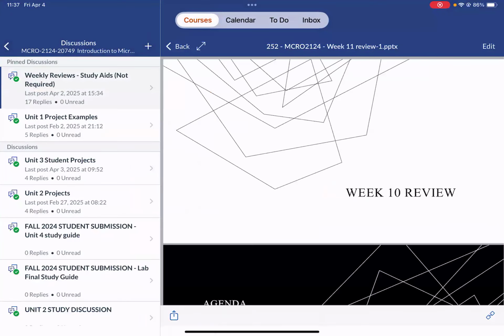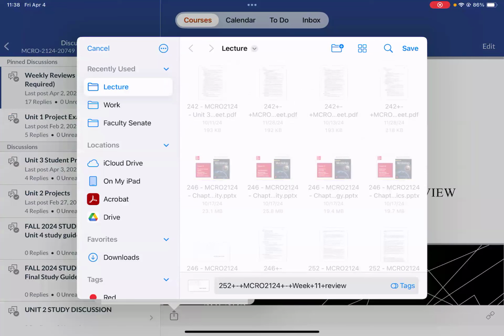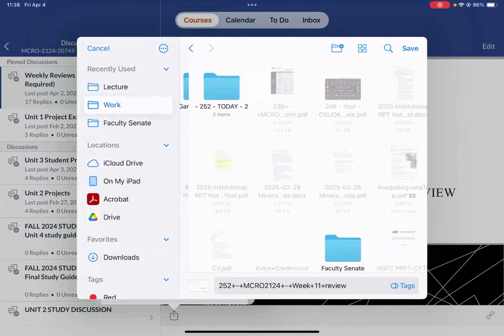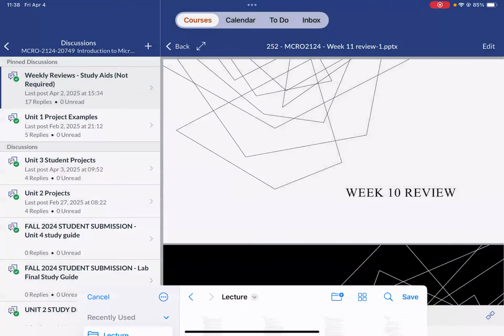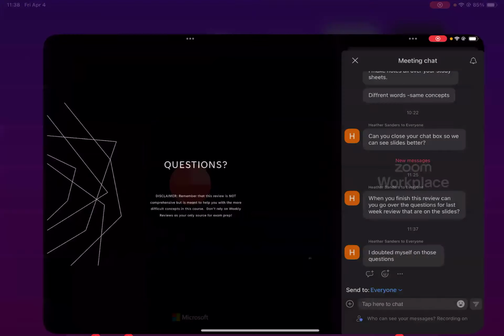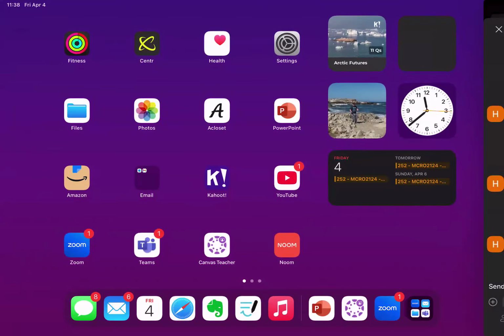There it goes. Okay, so I have to download this first because this is my iPad. I don't have it on here automatically. Save to file. Lecture. Save. Okay. No, come on.